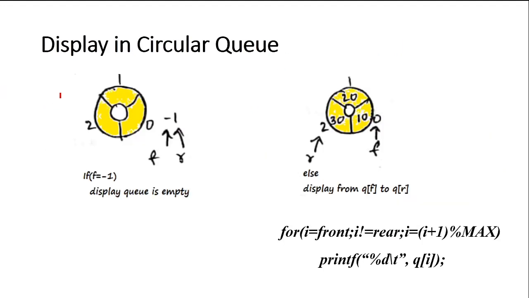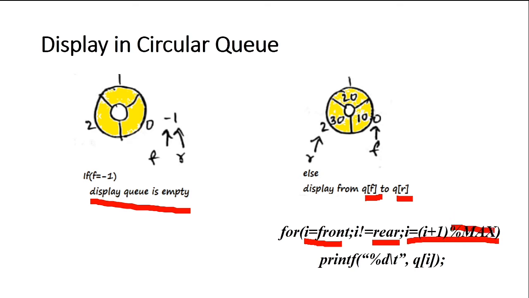Now how can we display the circular queue? If f is equal to -1, then display Q is empty, the initial condition, right? Otherwise, display from Q of f to Q of r. So i is equal to front till i is equal to rear. You are going to do i is equal to i plus 1 mod max.